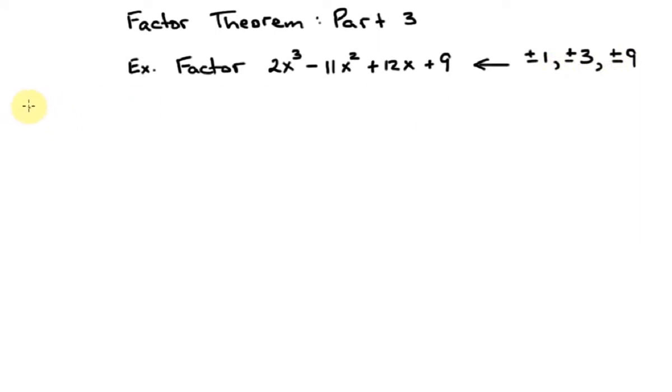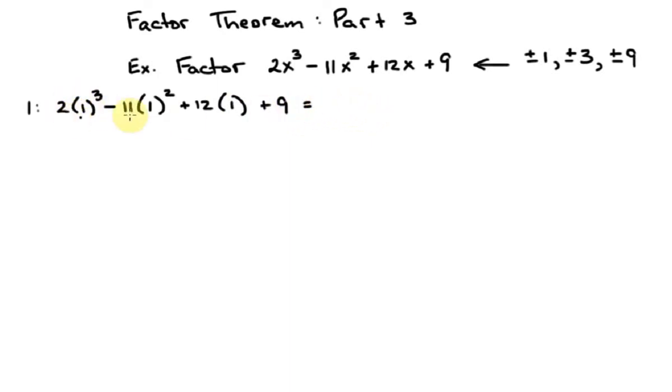So let's start off with the easiest number of all, positive 1. So I'm going to put in 2 times 1 cubed minus 11 times 1 squared plus 12 times 1 plus 9. And remember, all I'm trying to see here is, do I get a remainder of 0?